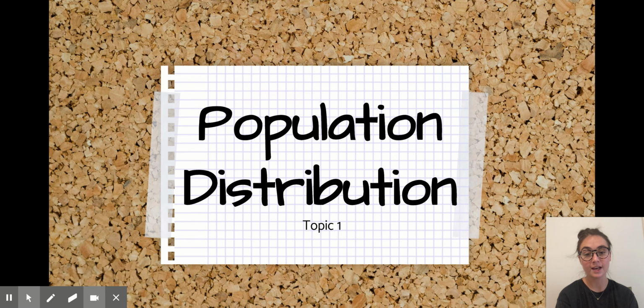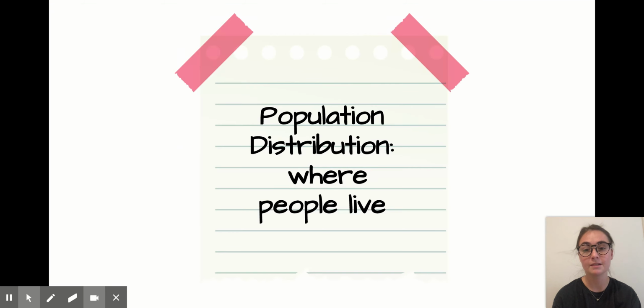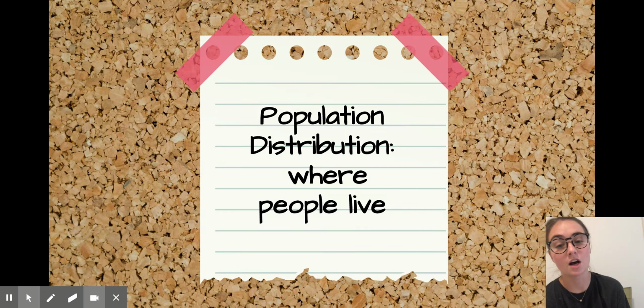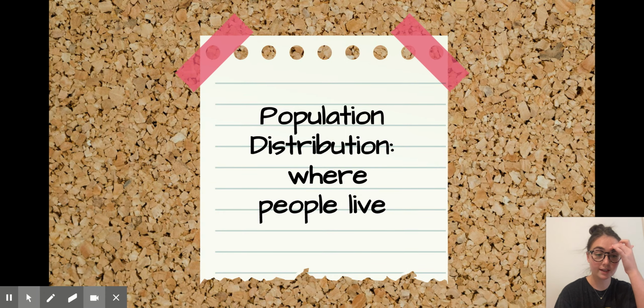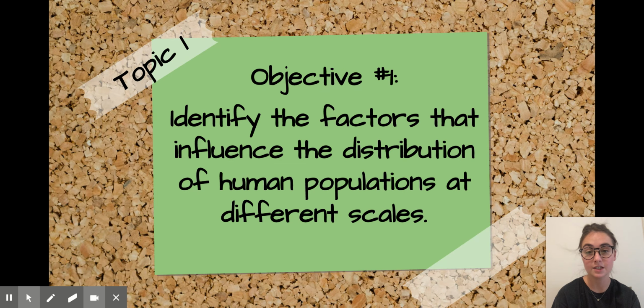So that's what we're going to look at. We're going to look at the factors that affect that and the impacts that population distribution has socially, economically, politically, and environmentally. So, population distribution, like I just said, it's where people live. That's going to be our focus here.